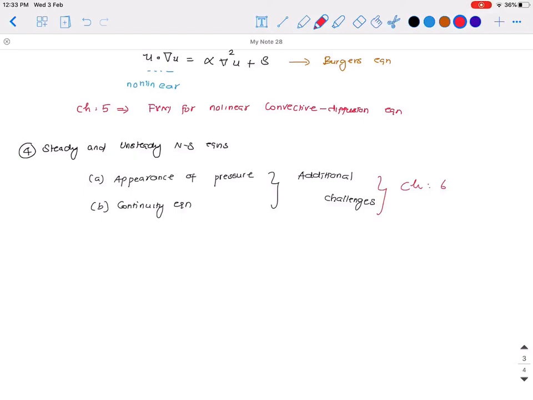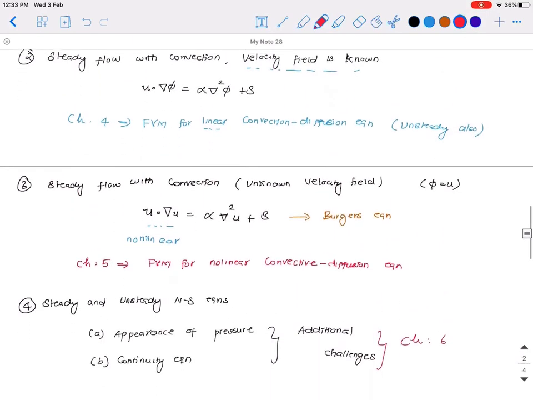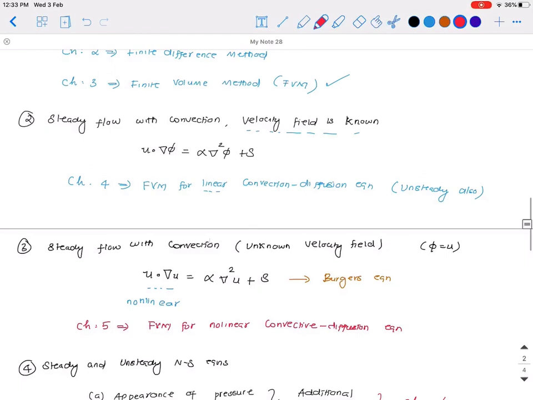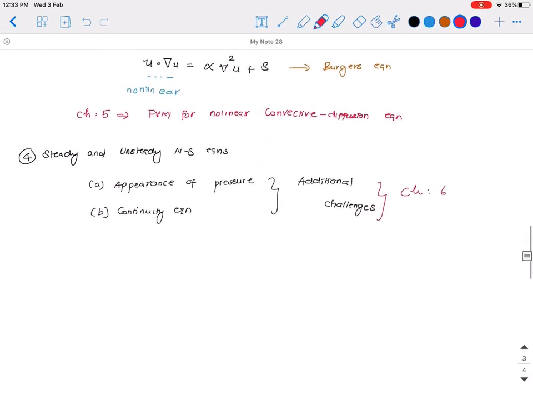We started with the diffusion equation, then we added convection with known velocity field, then we added non-linearity, then we come to the full Navier-Stokes equation. By making such systematic progress, we can focus on one concept at a time and devote our full attention to single concepts at all times. So this is the roadmap of the course.